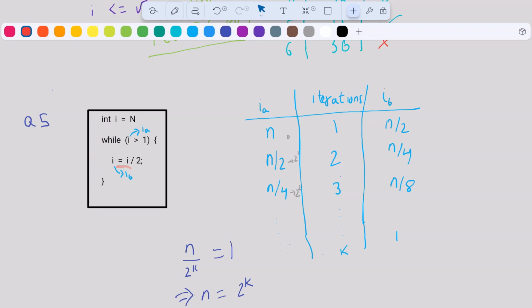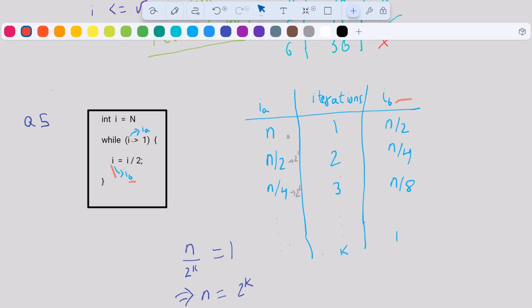So now just try to understand with the table right over here. For better understanding, I am denoting this I as IA, and this I under this loop as IB.